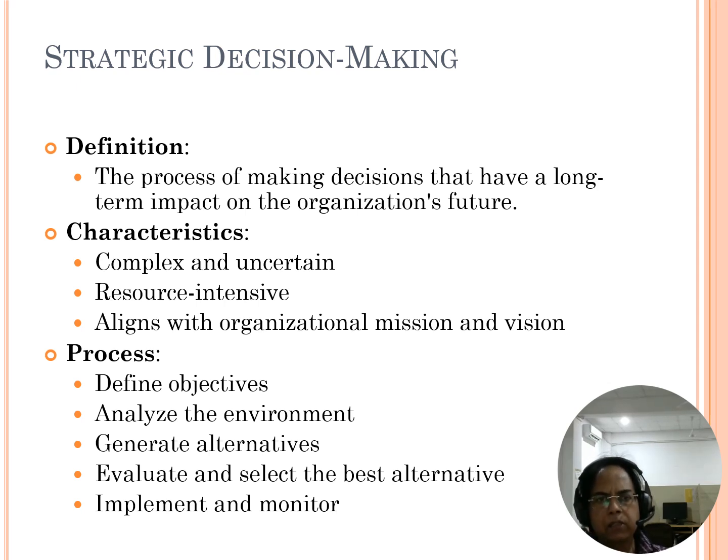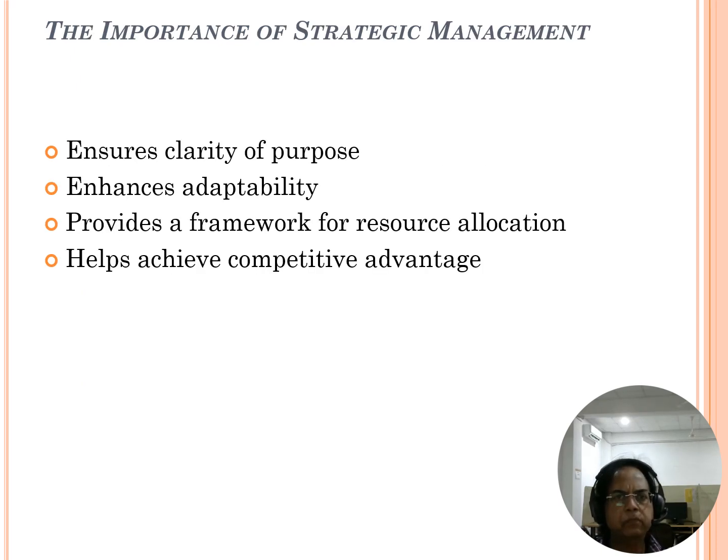As far as the process is concerned, we determine the objective, then analyze the environmental factors, then evaluate the available options, get feedback, select the best alternative, and then implement and monitor. This is the process in strategic decision.